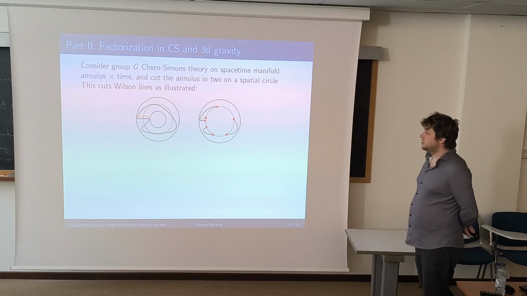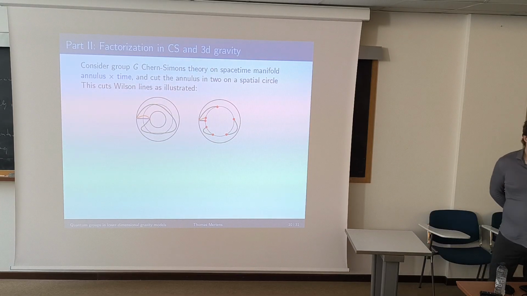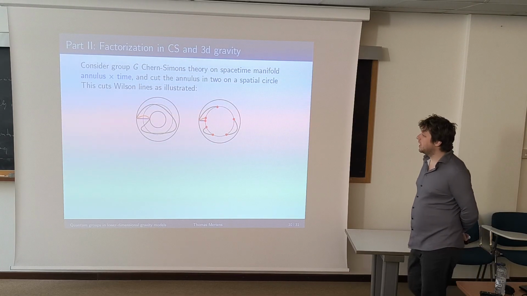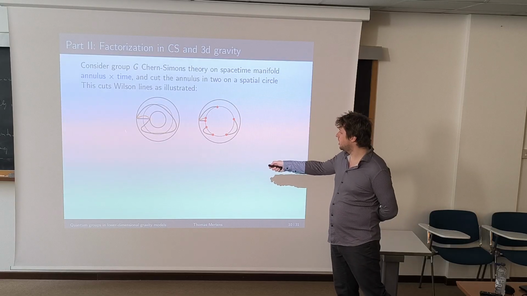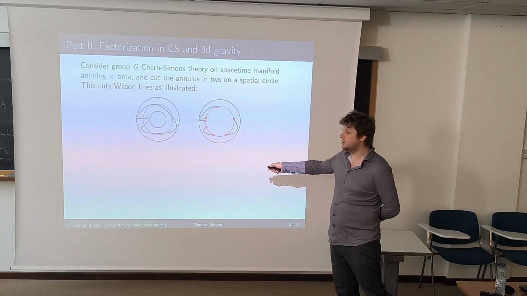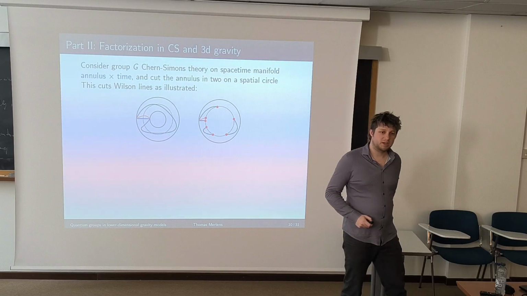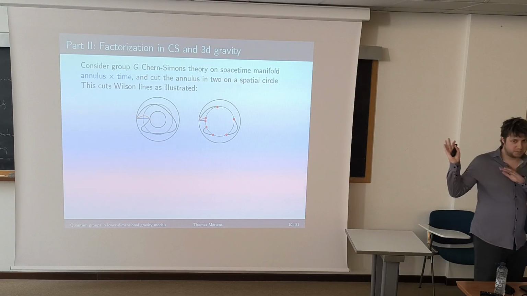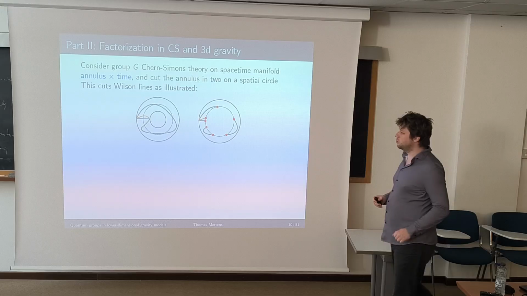Now in Chern-Simons theory, Wilson lines are the objects to study, and here I've drawn the annulus, so the outer boundary is the outer black circle and the inner boundary is the inner black circle. The dashed line is where I want to cut my space, so purely the space, not space-time, into parts.